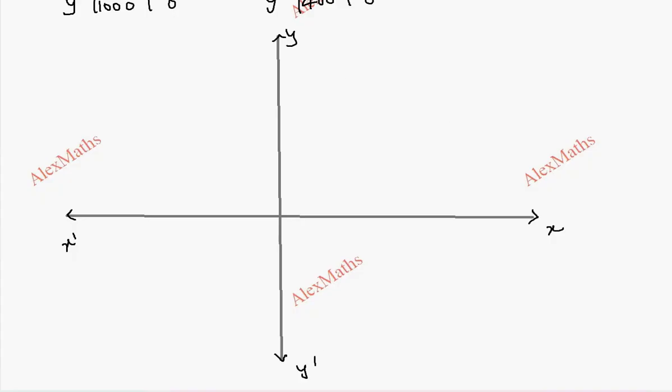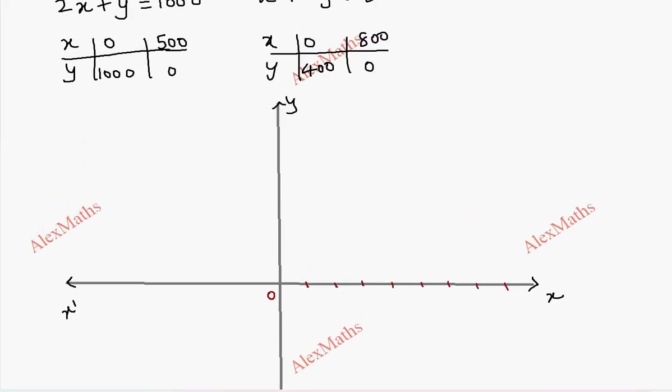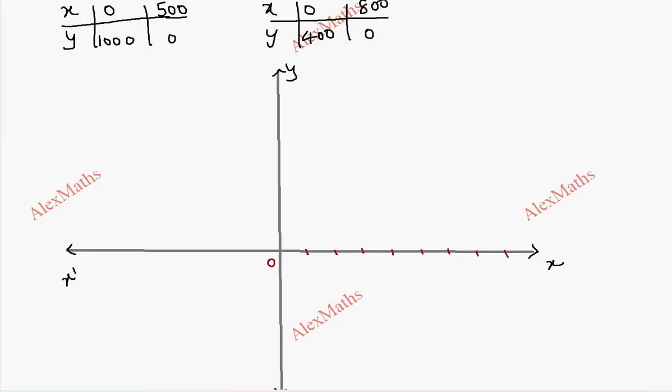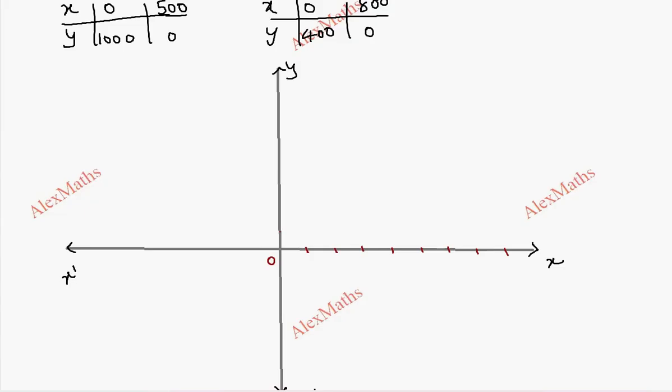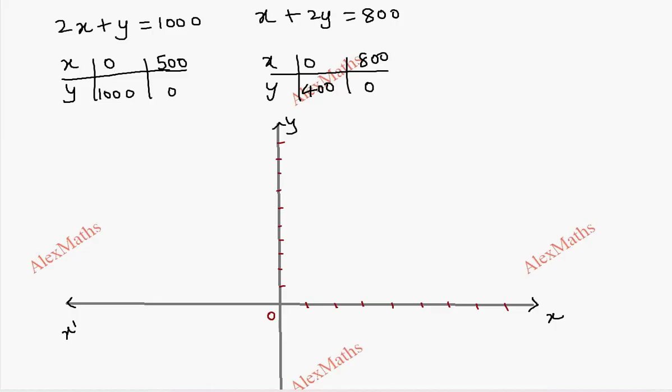So we take, this is 0, this is 1, 2, 3, 4, 5, 6, 7, 8. Actually, the maximum value of x is 8, and for y it is 1000. So we have to use the scale accordingly. 1, 2, 3, 4, 5, 6, 7, 8, 9, 10. So now let's plot the lines. So 0, 1000, and that will be here.